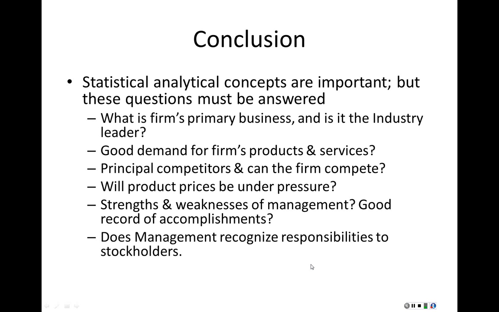Now, in conclusion, statistical concepts are important. Those ratios are important to understand. But the author also points out it's important to know what the firm's primary business is, and whether it is an industry leader. I can't overemphasize that. I used to work for General Electric Company, a conglomerate that has about 200 separate businesses. When Jack Welch took over, he worked with the Boston Consulting Group to find a way to improve GE's performance.